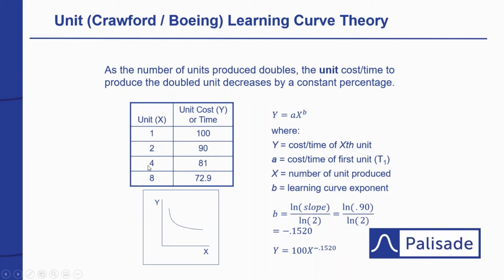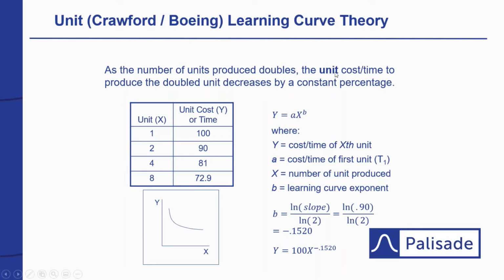If when you double from 2 to 4, what you receive in return is another decrease by a constant percentage, now you're starting to see this absolute decrease that models the unit learning curve idea.